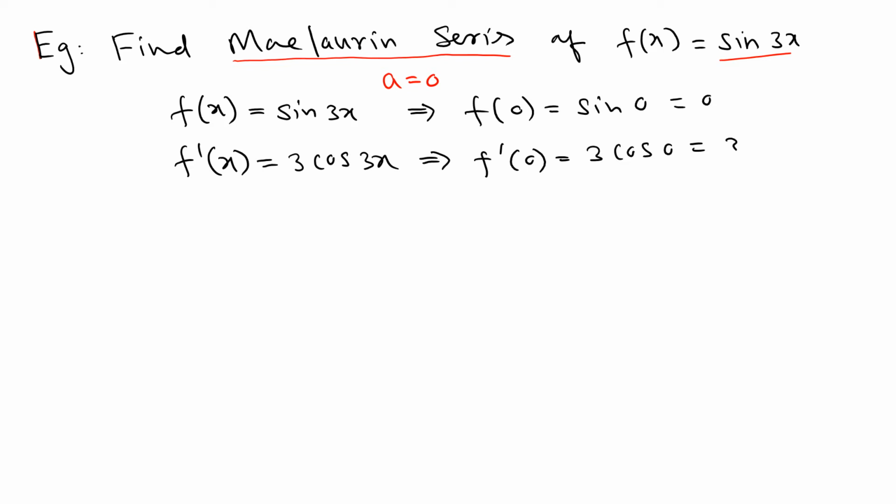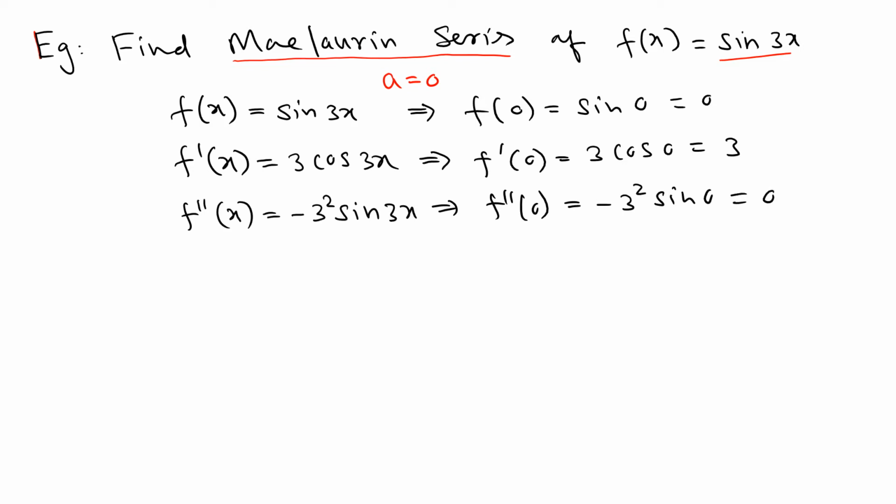Cosine 0 is 1, so you get 3. And keep doing it. For the second derivative, now it's a cosine. The derivative of cosine means sine, negative sign. You get another 3. That means negative 3 squared sine 3x. And again, we can evaluate this at 0. So you get negative 3 squared sine 0, which is 0.